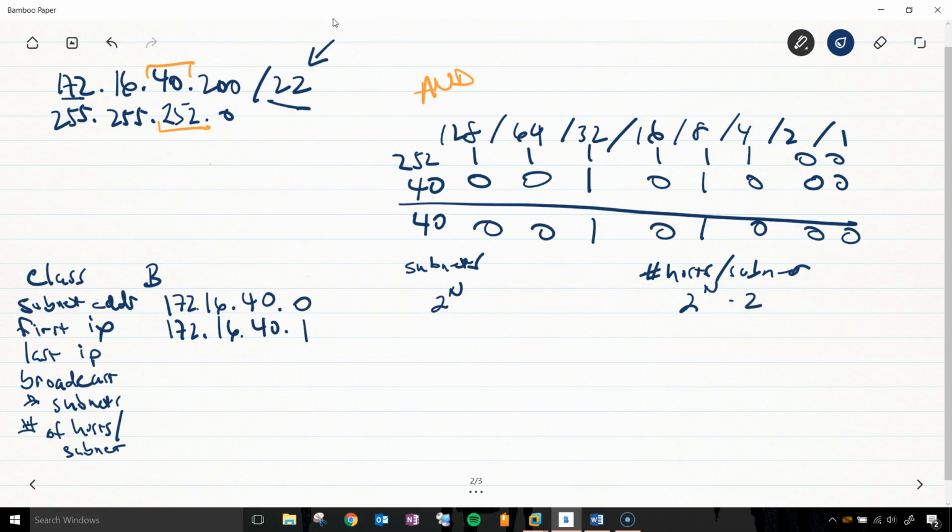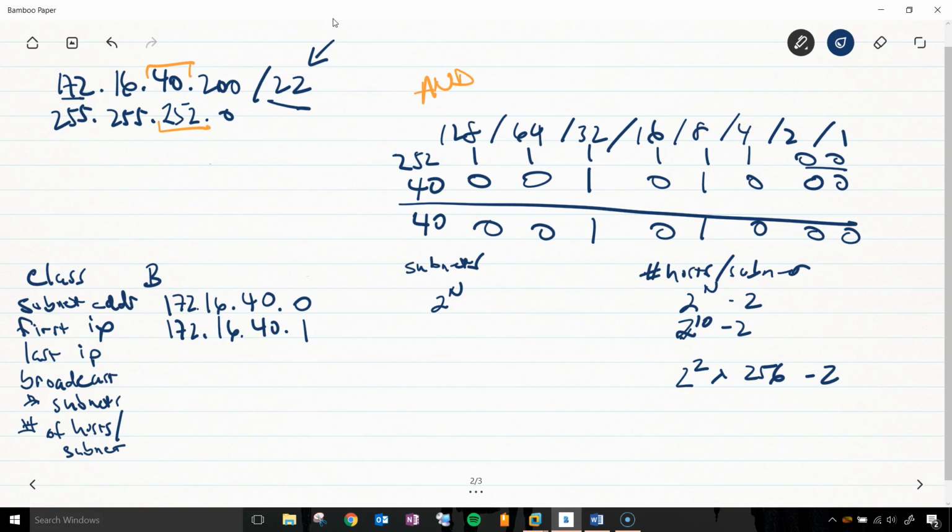We have to keep in mind that there's an entire octet here of zeros, so it's not a matter of 2 bits for hosts. It's actually 10 because we have 8 more. So we can either put 10 here, 2 to the power of 10 minus 2, or we could say 2 to the power of 2, which is these 2 hosts, times 256 for the 8 bits in the next octet, minus 2. It's actually easier, so you can do this without a calculator.